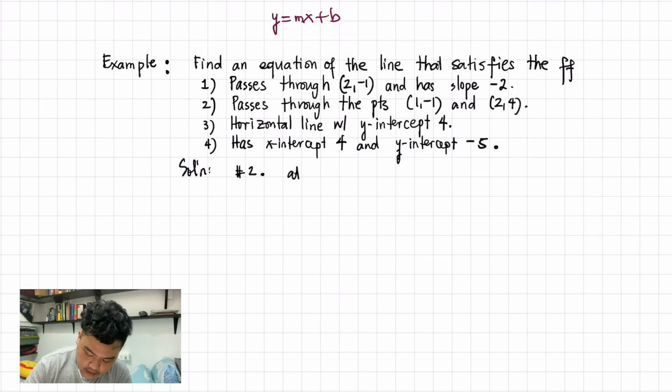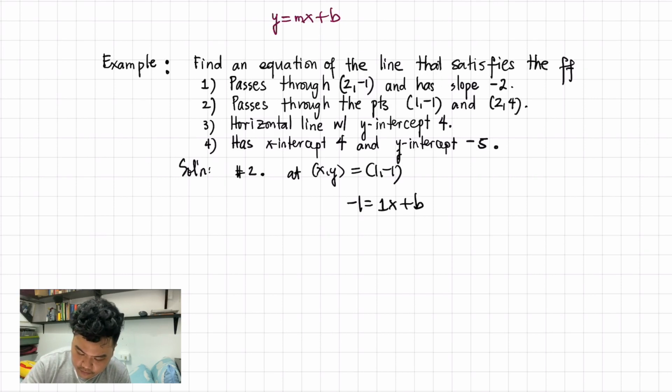So, at xy equal to 1, negative 1, what happens? x is 1, y is negative 1. So, we get negative 1 is equal to 1m plus b. It should be 1m because x is 1. Or m plus b is negative 1.